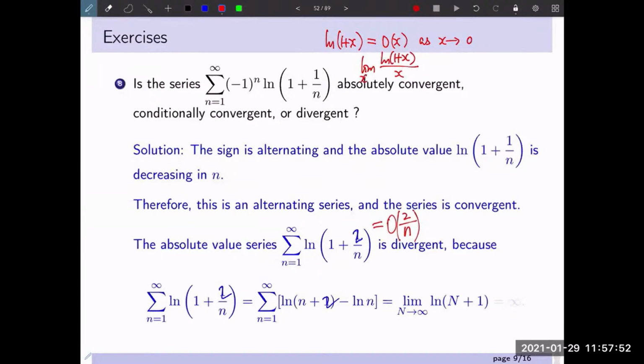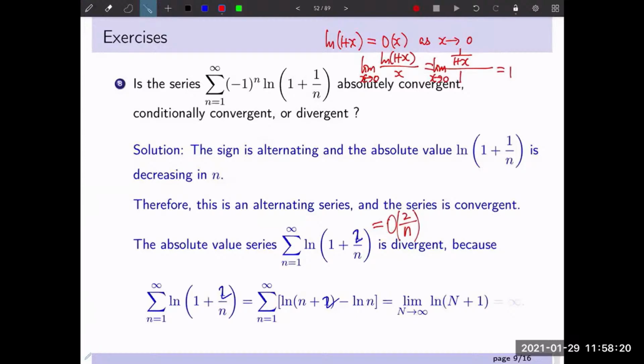If you consider the limit when x tends to 0, if you use L'Hopital's rule, for the upper side, by taking the derivative of the log function, you get 1 over 1 plus x. By taking the derivative of the denominator, you get 1. So the limit is 1. This explains that log of 1 plus x is equivalent to x when x tends to 0.